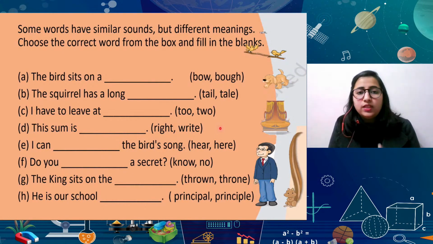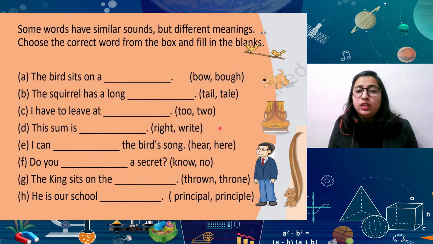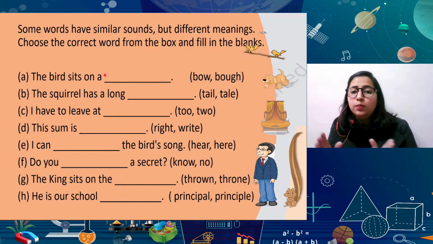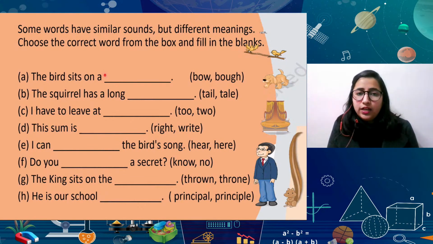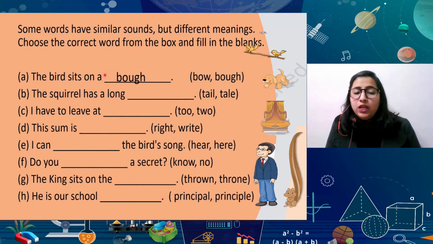This bow refers to that equipment, also used in archery, spelled B-O-W. The other bow refers to the branch of a tree. In your textbook picture, two birds are sitting on a branch. So I know the bird sits on a branch and not on a bow related to an arrow. The right spelling for this one would be bough, B-O-U-G-H.